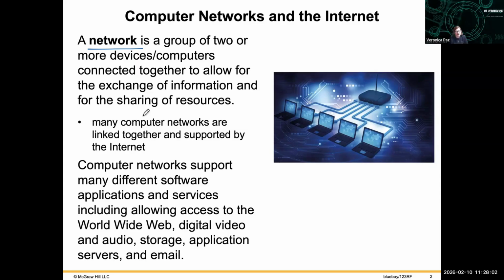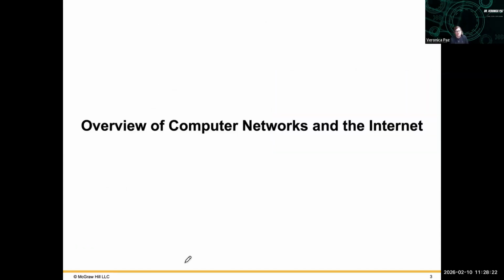And different computer networks support different software applications. So you could have access to the World Wide Web, digital video, audio, storage, application servers, email servers, etc. So a network is basically a compilation of devices or computers.